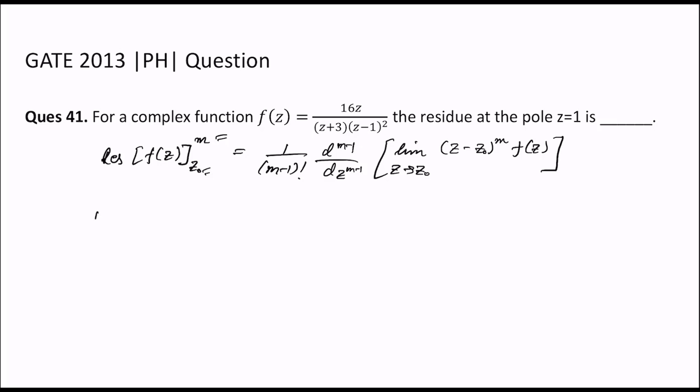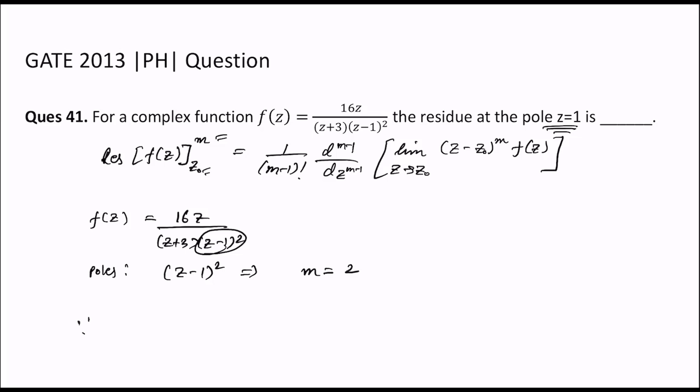So our function is 16z upon (z plus 3)(z minus 1) whole square. In order to find the pole, we equate the denominator to 0, and since we have to find the residue at the pole z equal to 1, we know that this pole is of order 2.